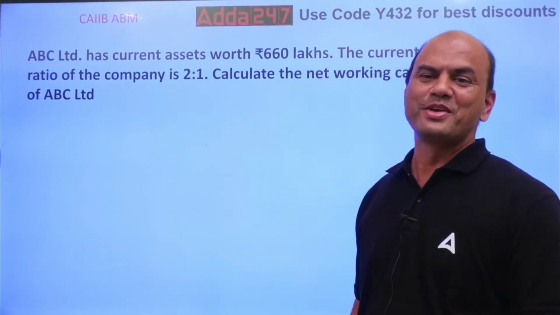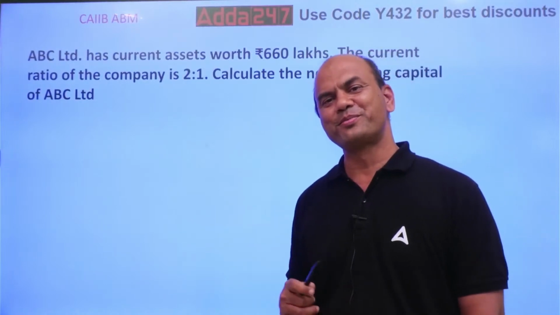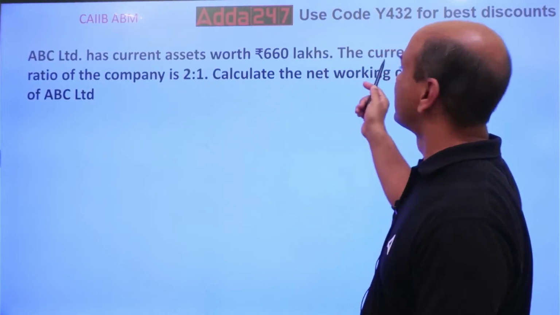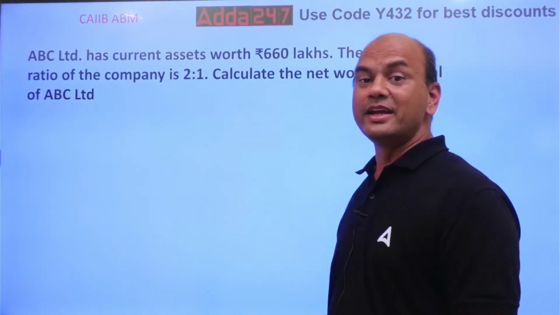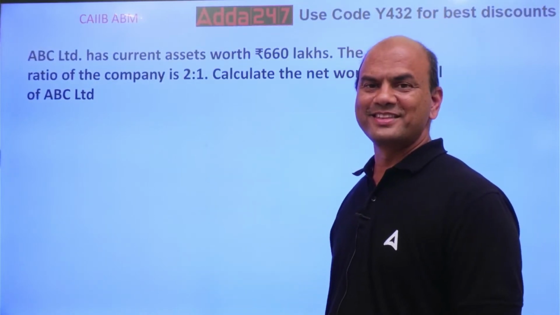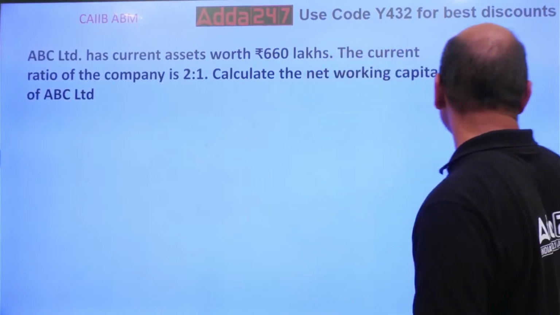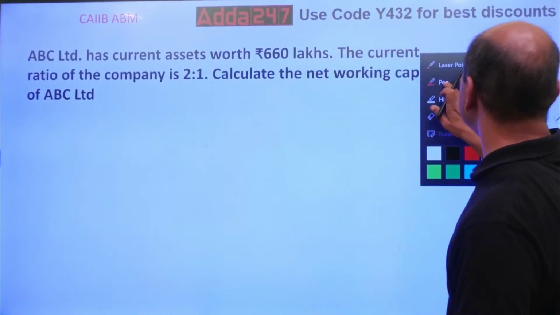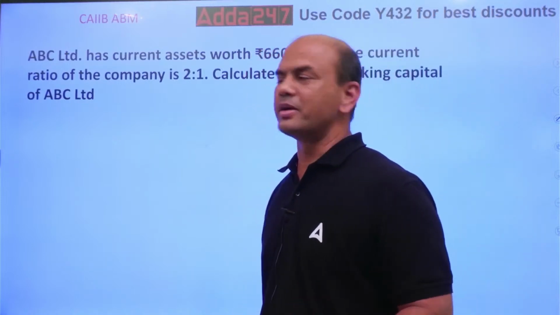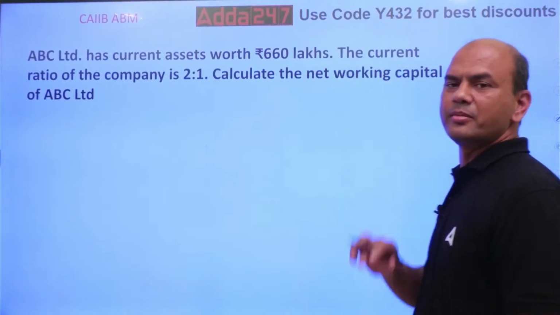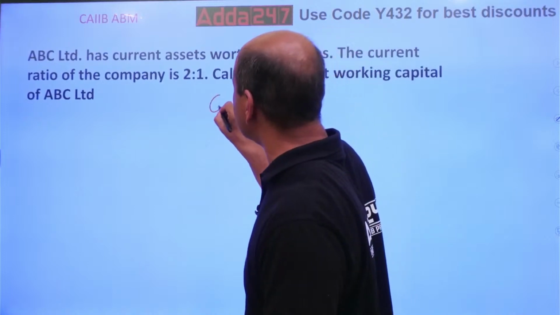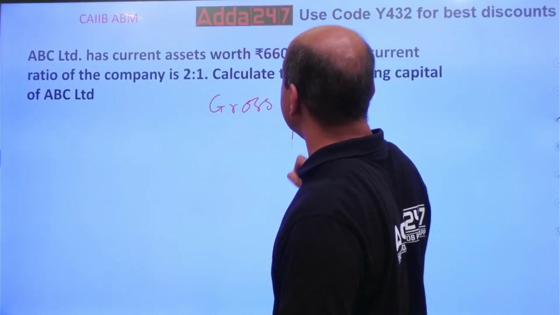Think. Firstly, for this, you need to know what is the relationship between current assets and current ratio, and then the relationship of net working capital. See here, understand this, how it works. Firstly understand what is net working capital. You have two types of working capitals, one is gross and second is net.